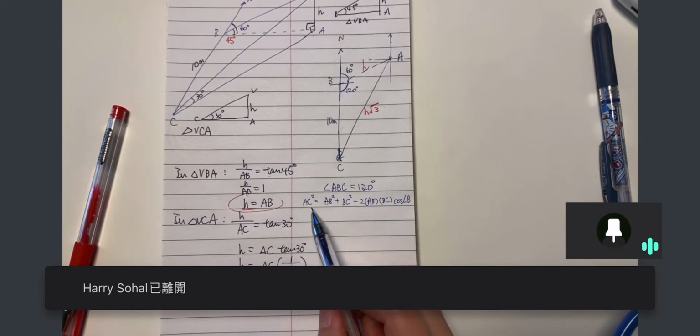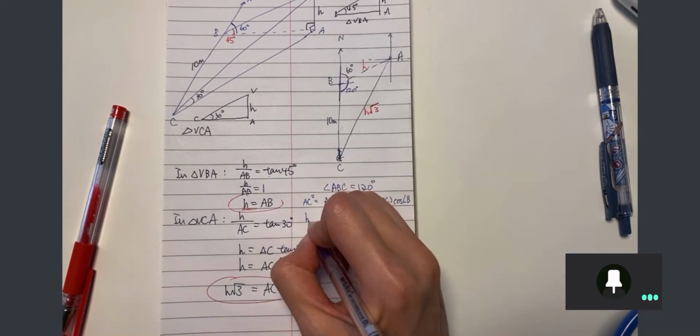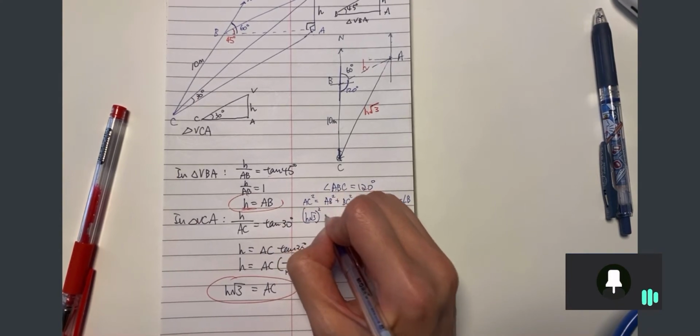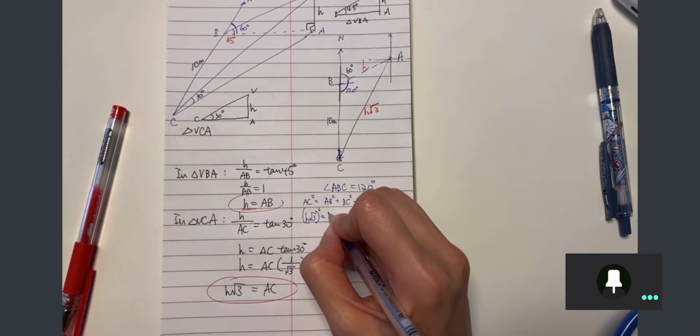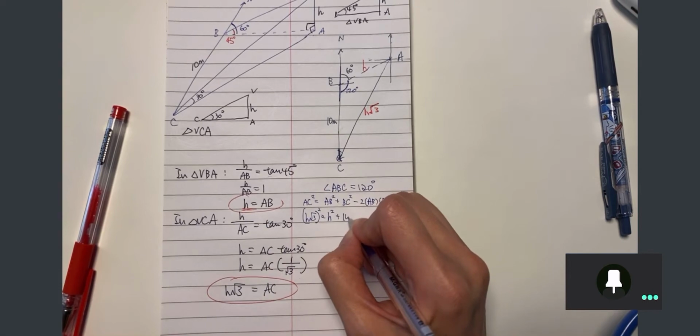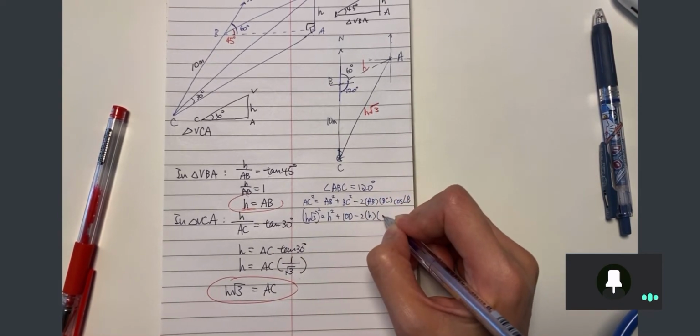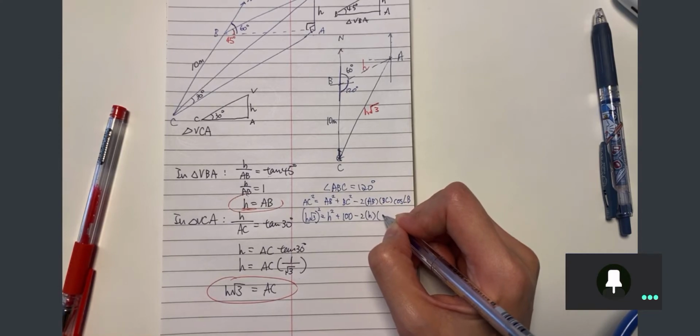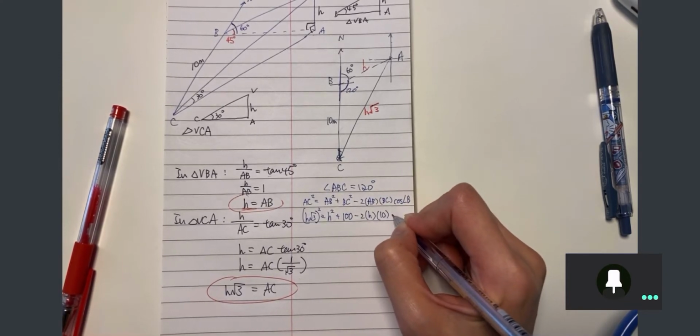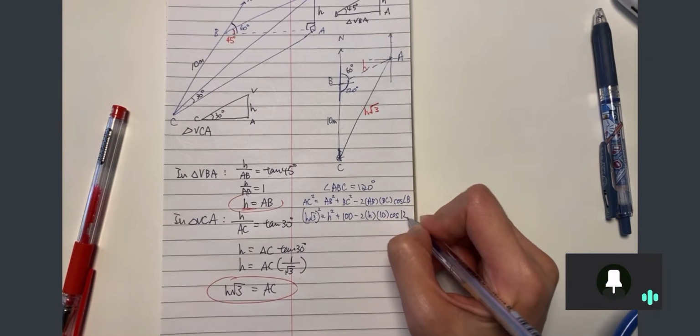And then you do the substitution. H root 3 squared equals H squared plus 100 minus 2 times H times 10 cosine 120.